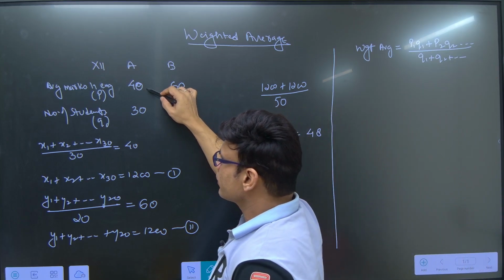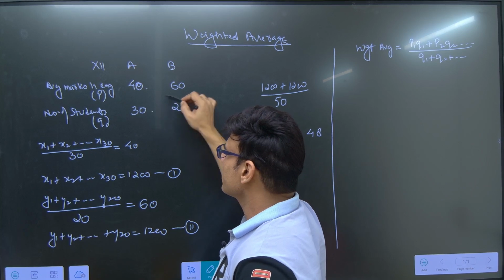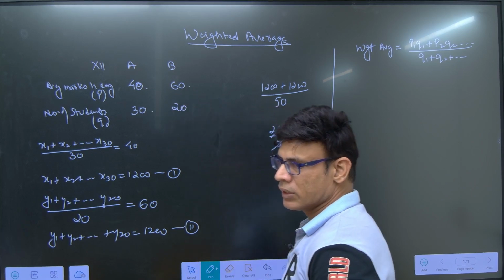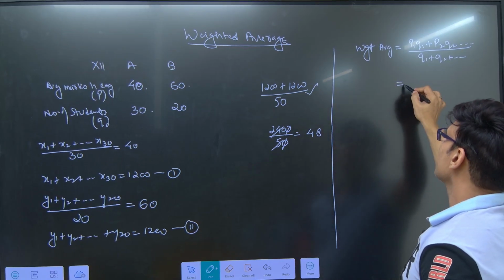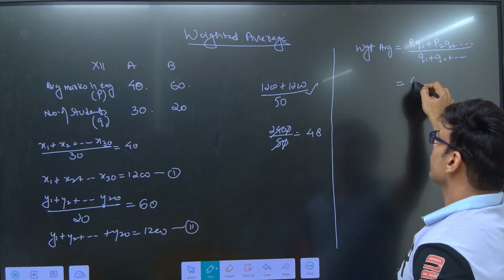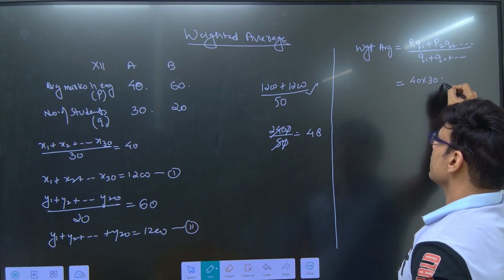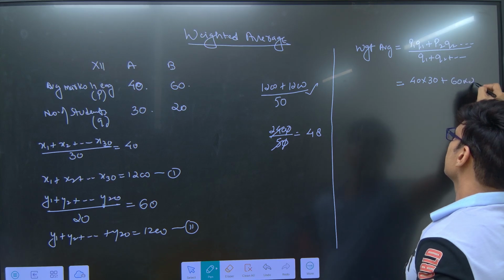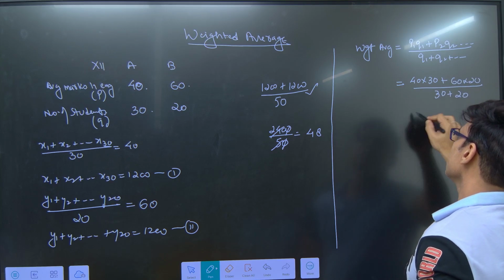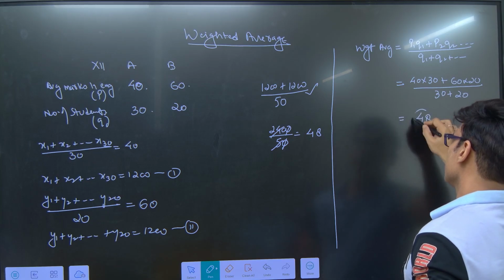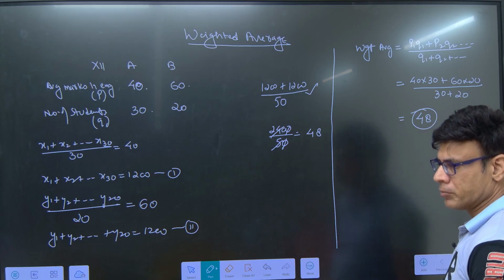So this is your P1 and this is your Q1, P2 and Q2. You are going to reach here only directly. How much will it be? 40 into 30 plus 60 into 20 divided by 30 plus 20, which again gives you what? 48, right?